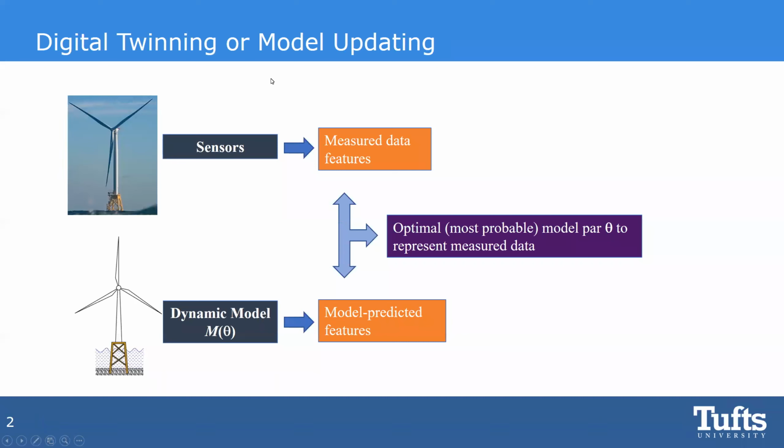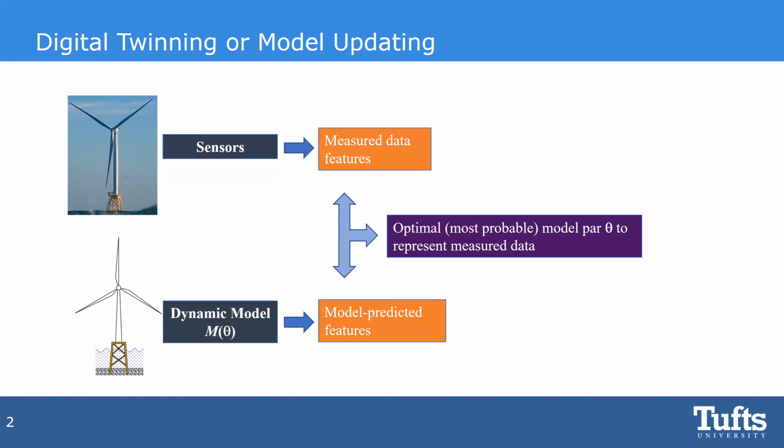I was telling Eleni and Christian earlier that I basically had my model updating talk change its title to digital twinning. It's similar; in our community we use model updating more. Digital twinning has different representations, but basically if you have a numerical model of a physical system that can represent it accurately, it's called a digital twin.